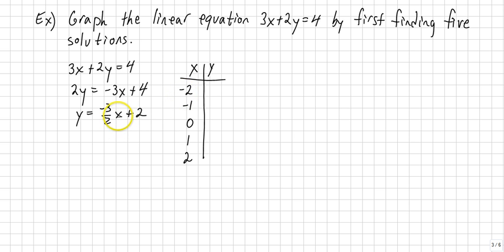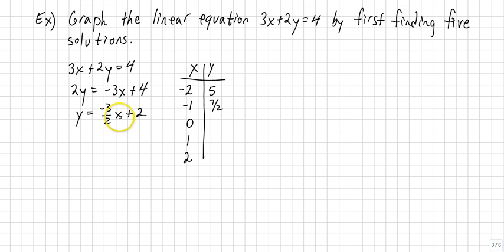So if we plug -2 in, -2 times -3/2 will be 3 plus 2 is 5. If we plug in -1, we end up with 3/2 plus 2, so 3/2 plus 4/2 would be 7/2.